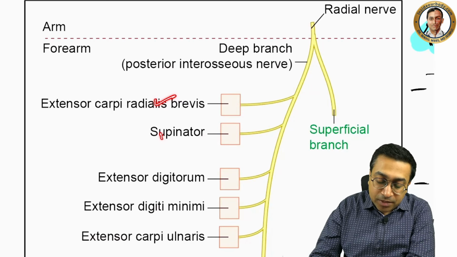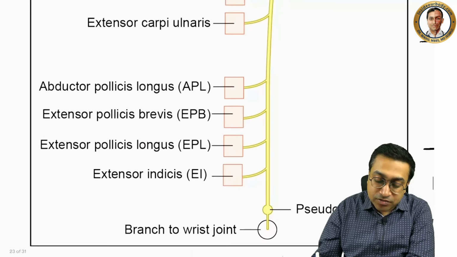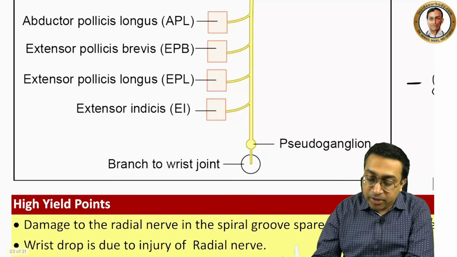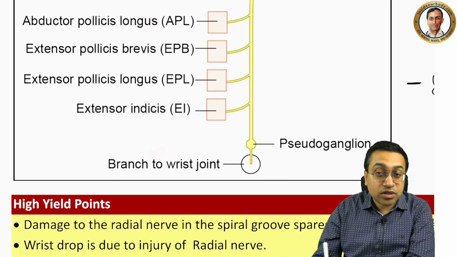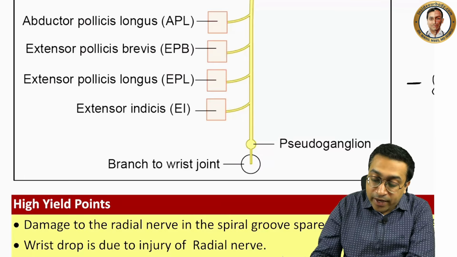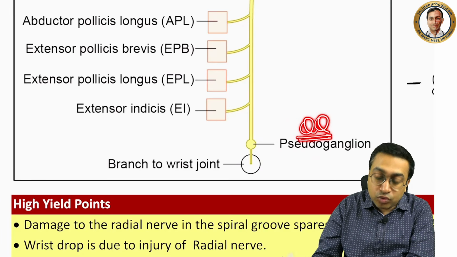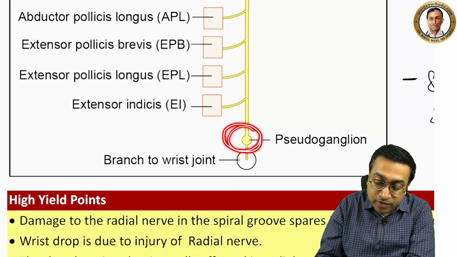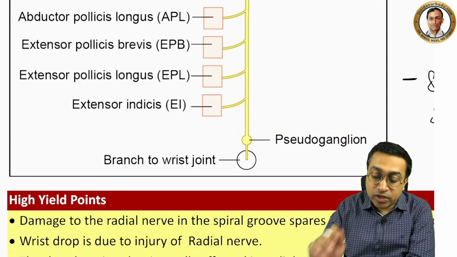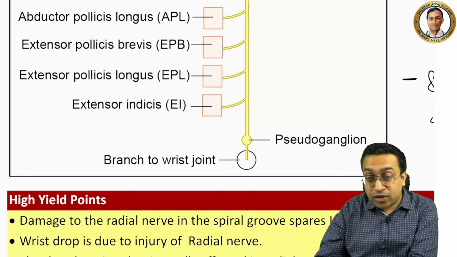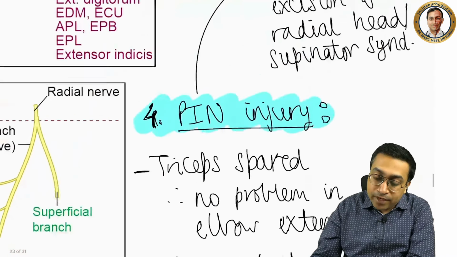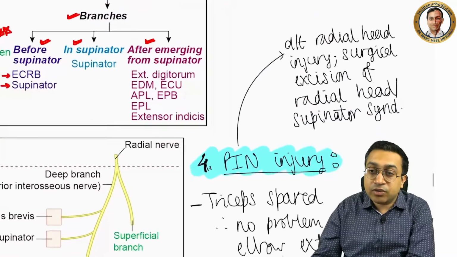So ECRB, supinator, all these muscles which we have just discussed are written here, same things in diagrammatic manner, and a branch to the wrist joint is also given here. And there is a pseudoganglion, which has sometimes been asked in MCQs, present just before it supplies the wrist joint. So that is also part of the posterior interosseous nerve, which is a branch coming from the radial nerve.